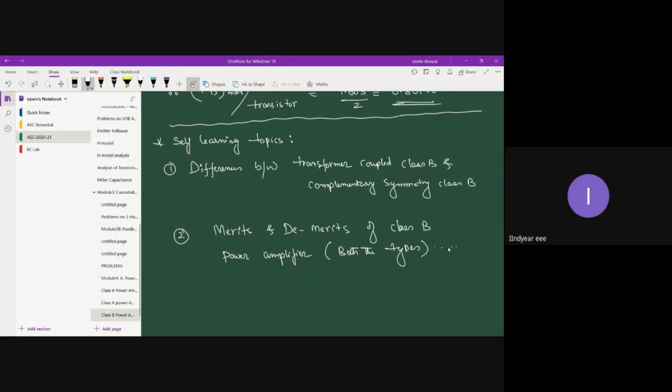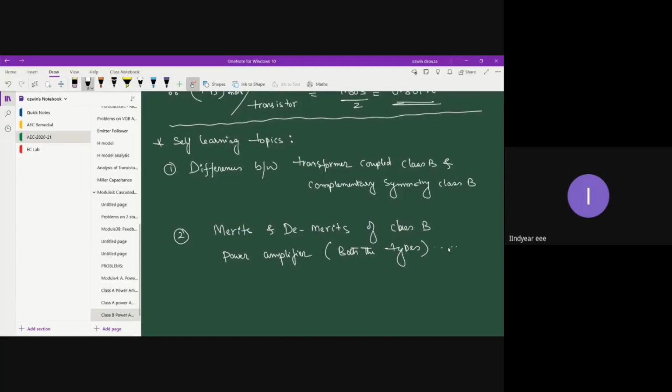See, I can tell about merits and demerits, but you can also go back and do some kind of survey also. Okay, if you look at transformer coupled class B power amplifier, the merits could be higher efficiency and better impedance matching due to the presence of transformer. Okay, so these are the two major advantages of class B transformer coupled power amplifier.